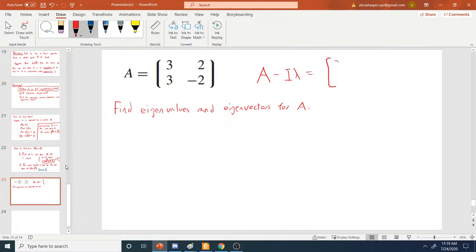And this is going to be the same thing as 3 minus lambda, 2, 3, negative 2 minus lambda.